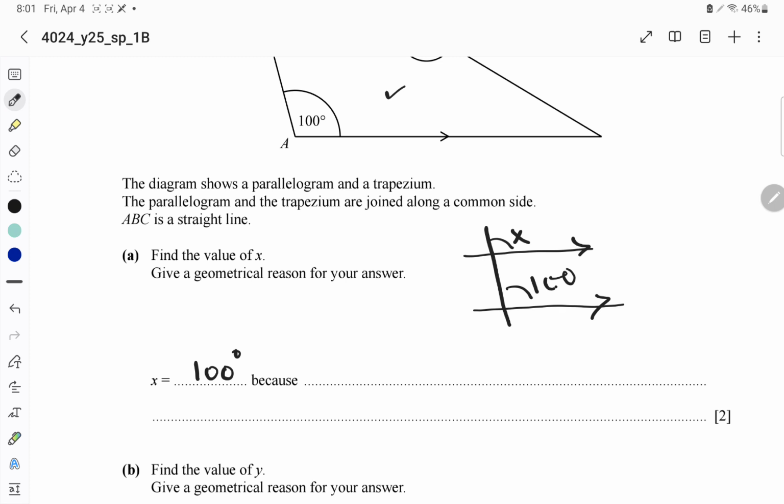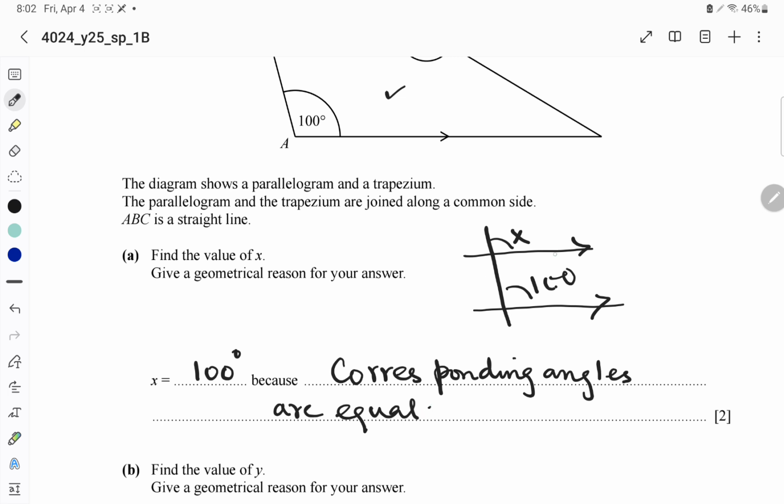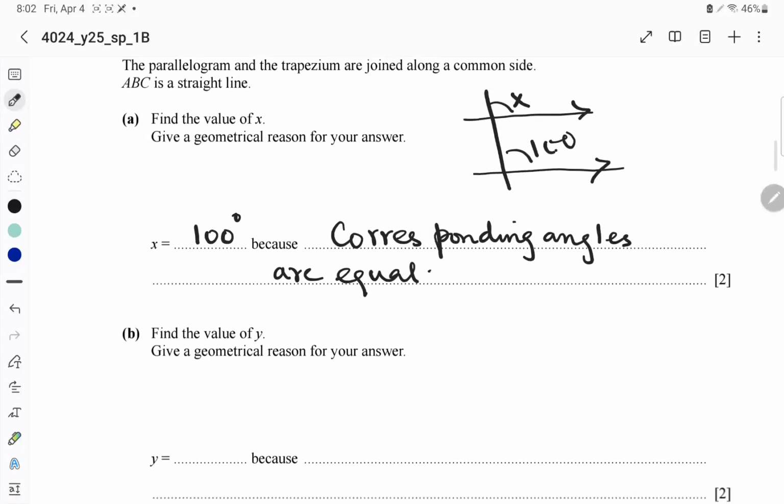So x and 100 are equal because corresponding angles are equal. These two are corresponding angles, x and 100.